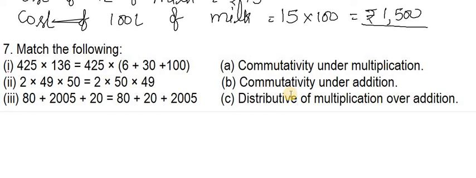He gave 3 properties: commutativity under multiplication, commutativity under addition, distributivity of multiplication over addition. Of course we all know the first one belongs to the distributive property. And this one is, yes, commutativity under multiplication. Of course by seeing the symbol you can say easily. And the leftover is commutativity under addition.